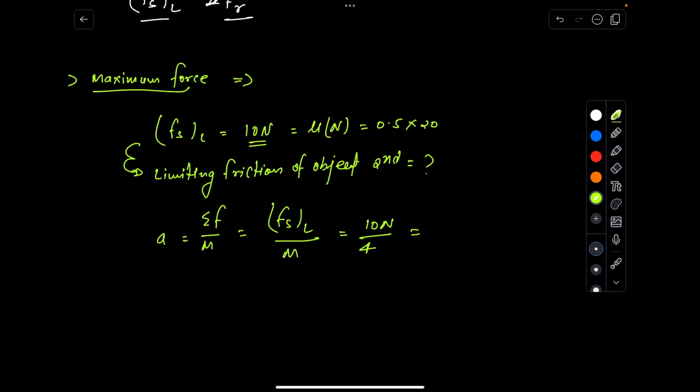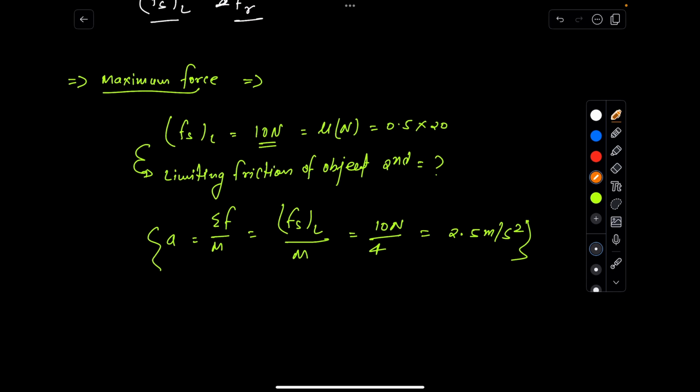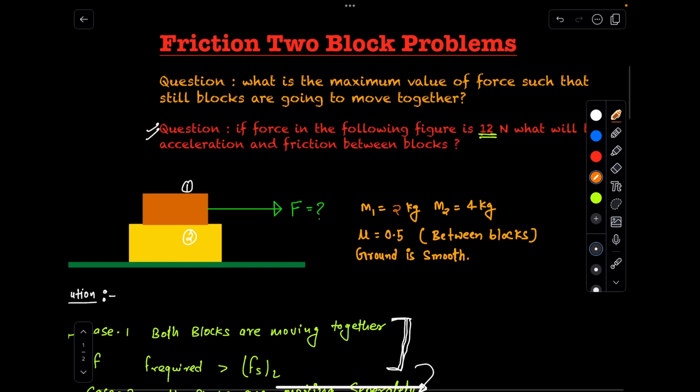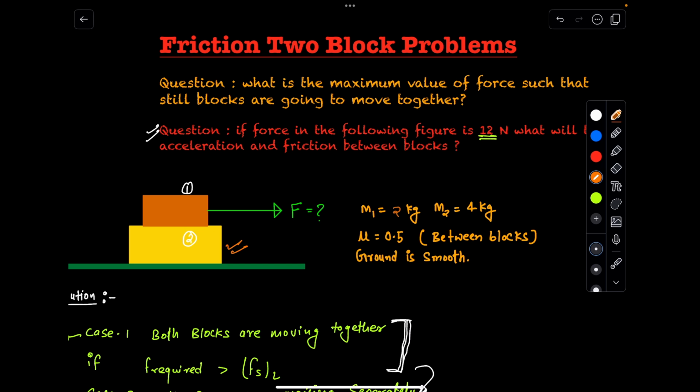That is 2.5 meters per second square. It means this second object can move with an acceleration of 2.5 meters per second square, and so this system can move together with an acceleration of 2.5 meters per second square.